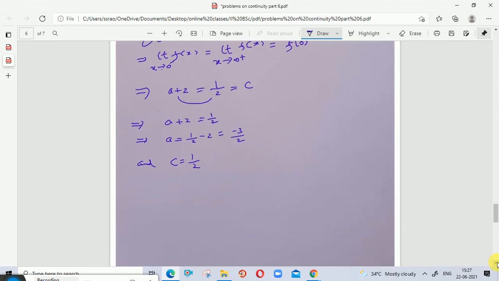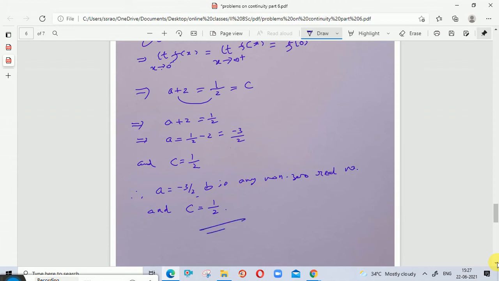Therefore we have a is equal to -3/2, b is any non-zero real number and c is equal to half.